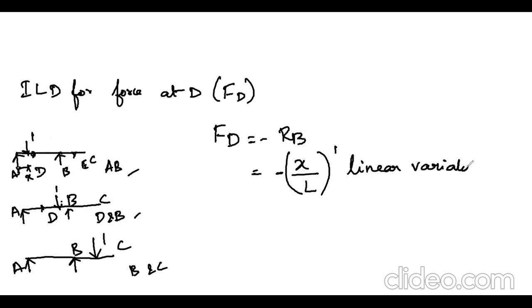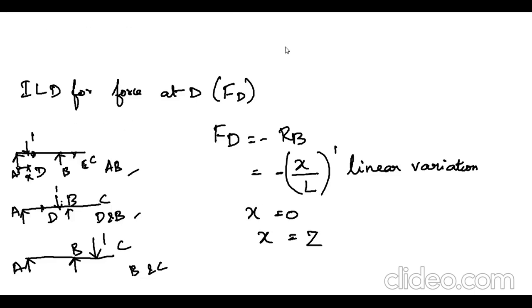In the previous session itself, we discussed that for all determinate structures, the influence line diagram variation will be linear. So now the value is minus x by L. Now I am going to apply x equal to 0 and x equal to Z. You know what is meant by Z? Z is the distance between the point A and D.